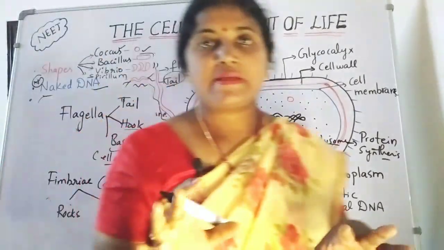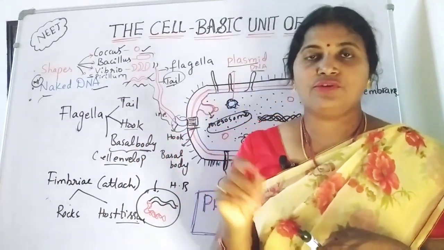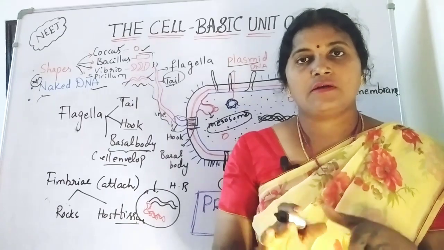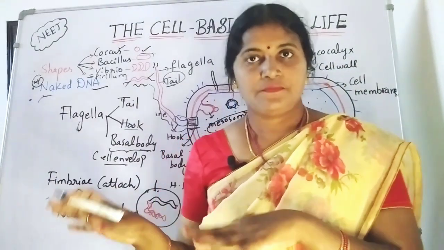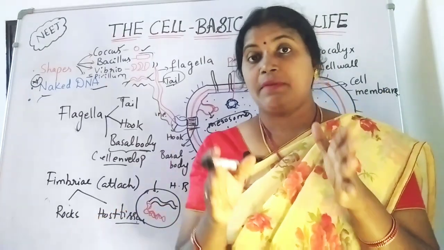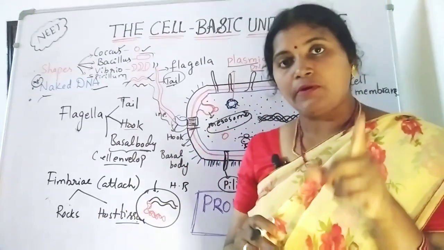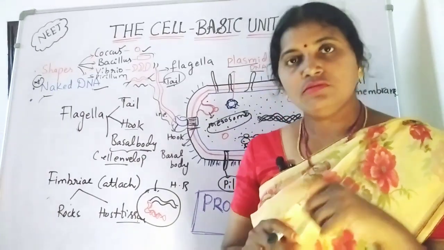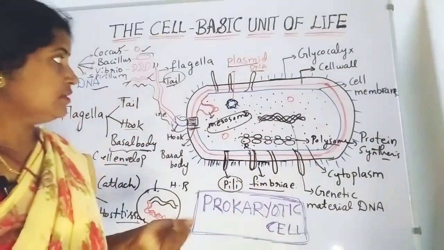Fimbriae, small bristle-like structures, just like cilia, are useful for the organism. It may stick to one place, like rocks. Already I said some bacteria are non-motile, so those non-motile bacteria can stick with the help of the fimbriae structures.